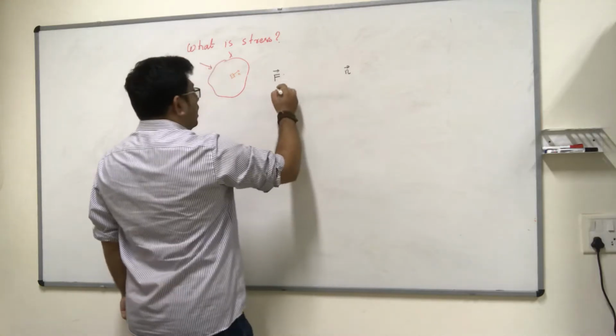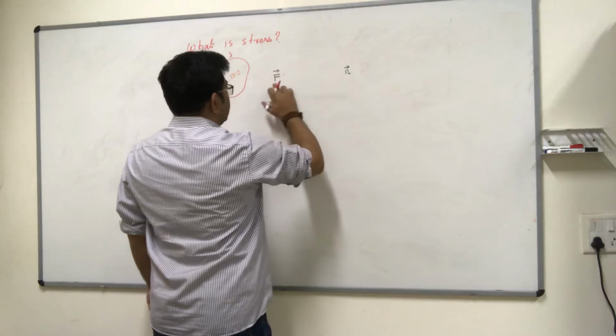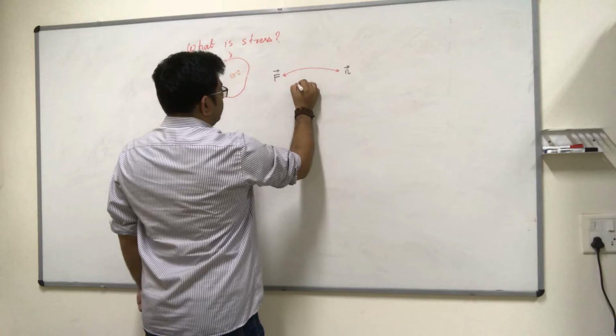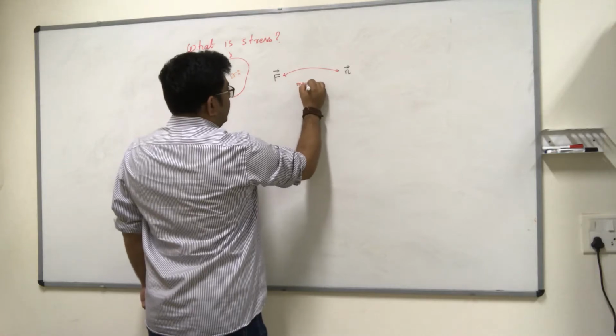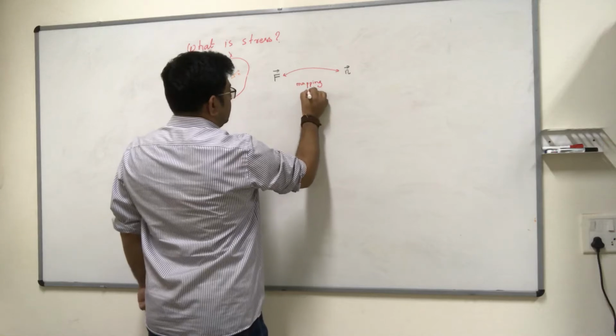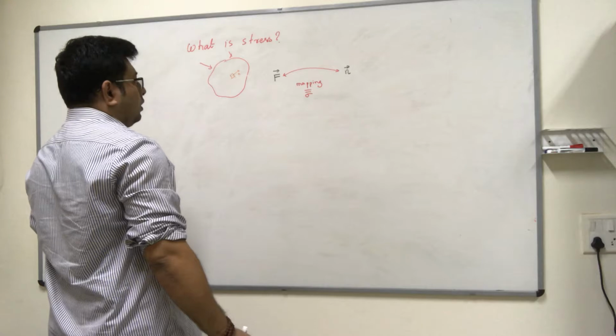So here, because my situation now involves two vectors, I define a mapping. Okay. This is a linear mapping between the two, and this I call stress. Okay.